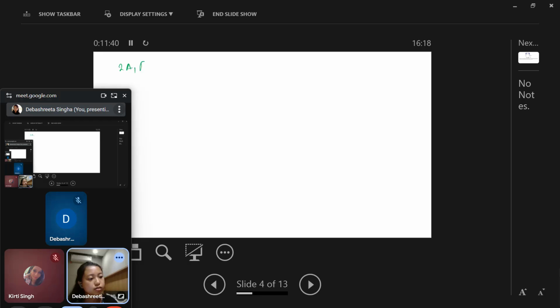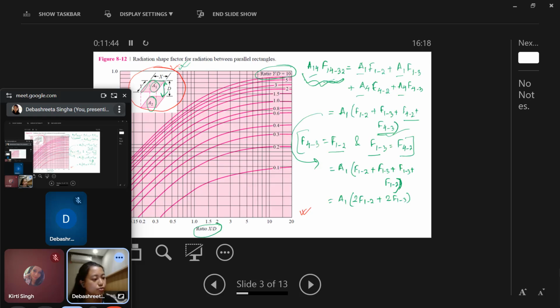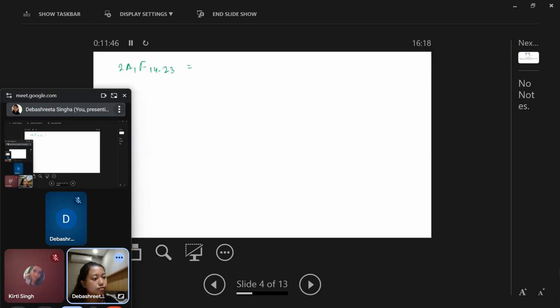F1,4,3 is equal to A1 twice. 2 will come from this, and 2 will get cancelled. A1, A1 will get cancelled. So we get this F14 plus F1 plus.